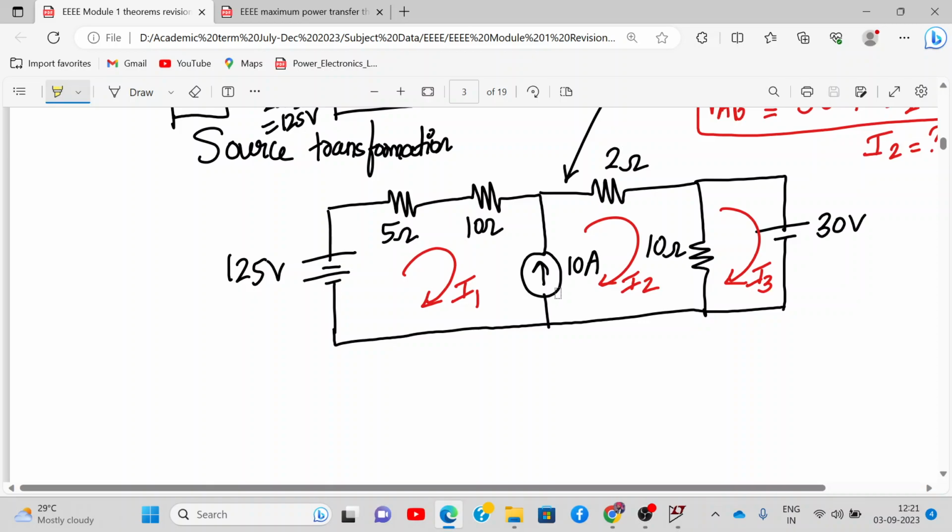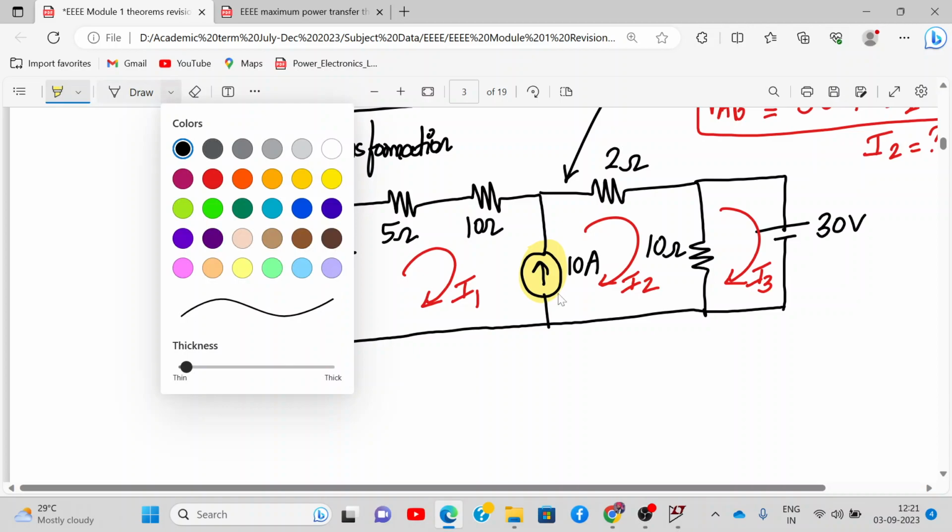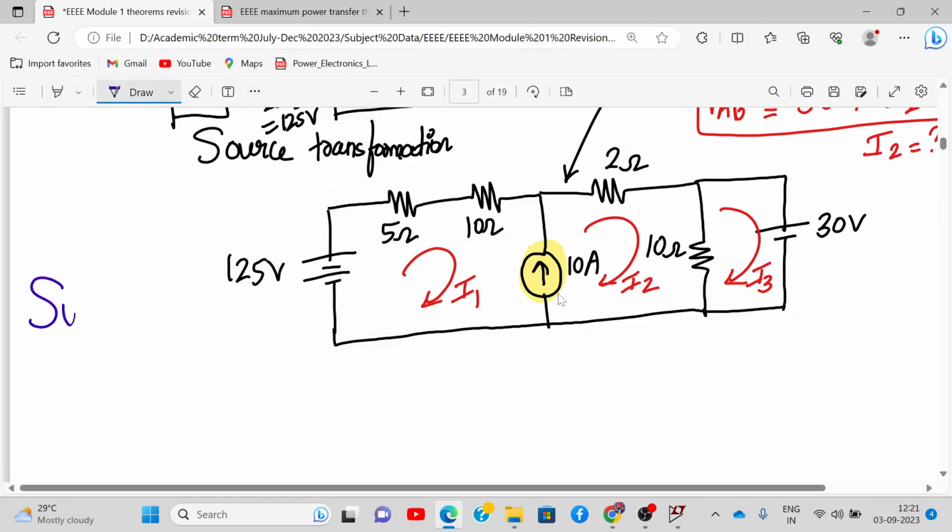Now, can we apply mesh analysis in mesh 1 and 2? No, right? Why? What is the problem? This current source. So let's do super mesh. Mesh number 1 and 2 forms a super mesh.